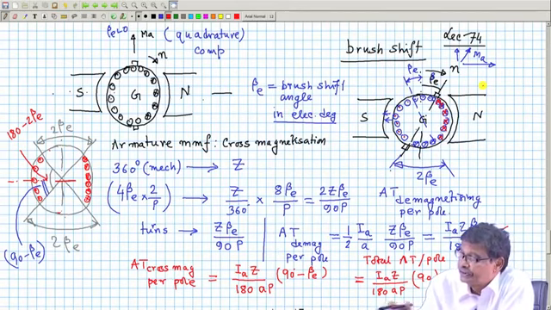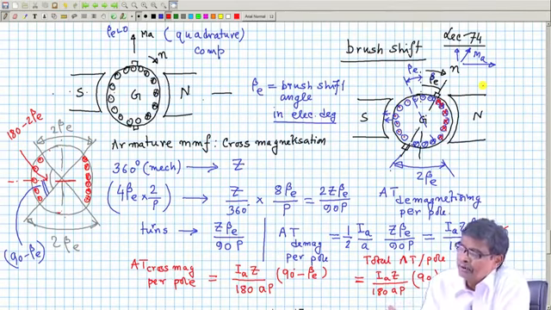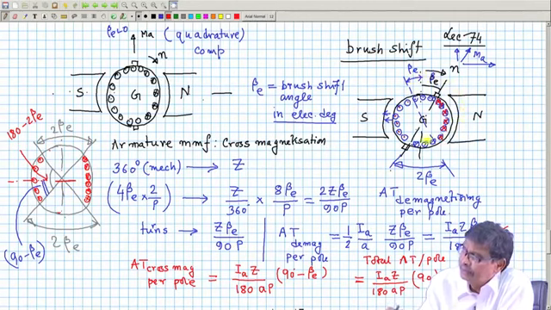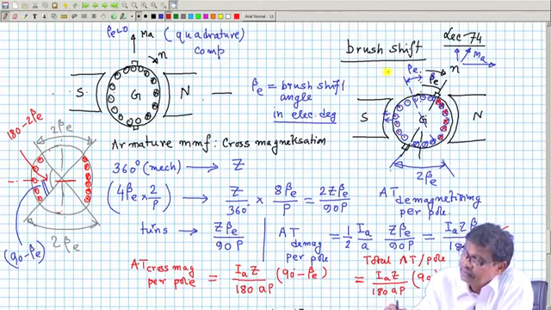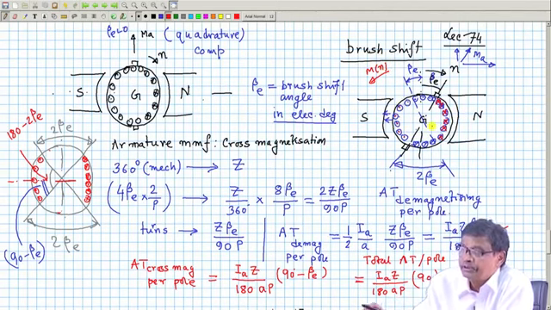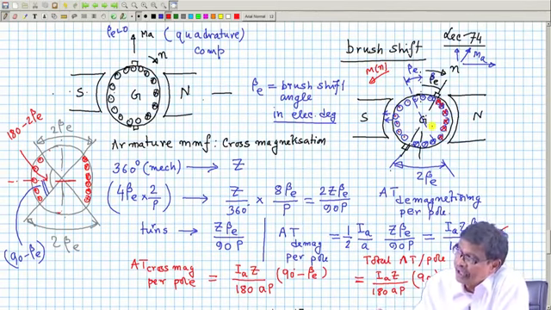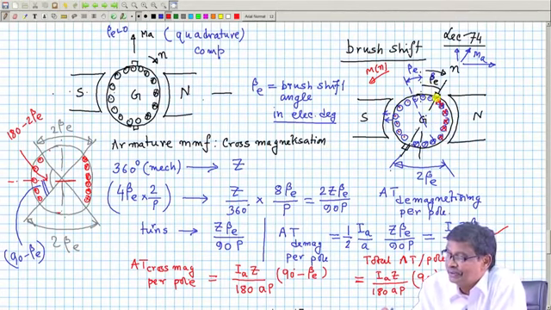For generator it should be like this, and obviously everything else remains the same. For generator the direction of rotation is this. For motor mode, just show the direction of rotation there, dot cross, everything will remain intact. And you see, for generator mode, brush shift is to be given along the direction of rotation, and for motor mode opposite to it.